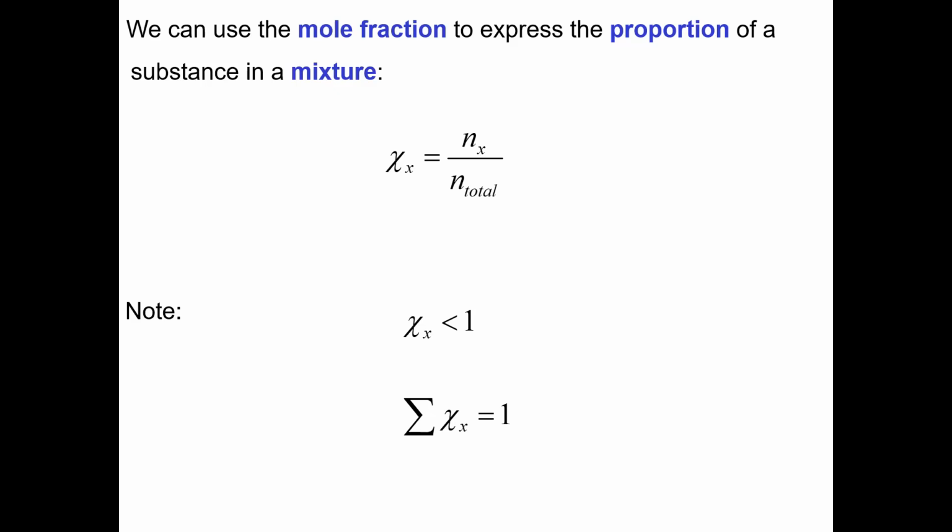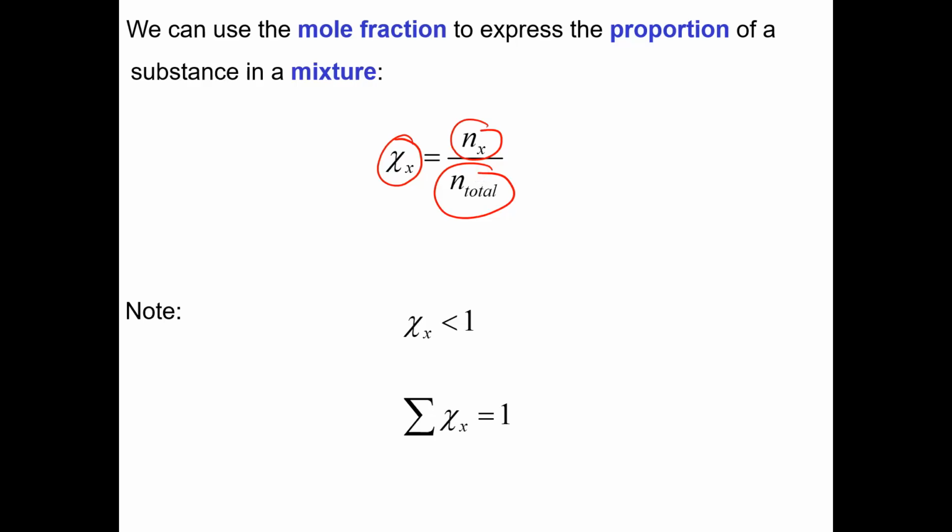When we're talking about mixtures, we can use the mole fraction to express the proportion of a substance in a mixture. So the mole fraction, which we indicate with the symbol chi, is just equal to the number of moles of X over the total number of moles.